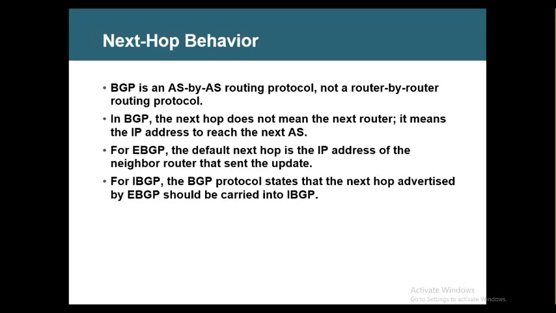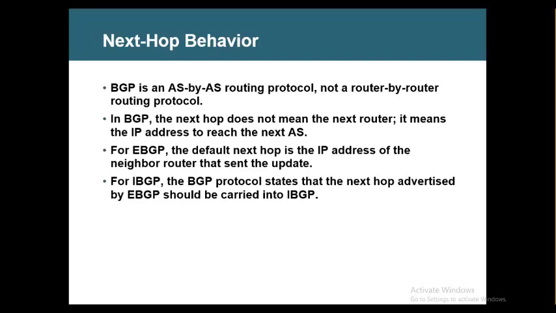If it is a router by router routing protocol like OSPF, then the next hop will be the immediate router. BGP is autonomous system by autonomous system. That's why I showed you in the example in the previous class, Router 2 was not showing the next hop as router 4 or router 3.